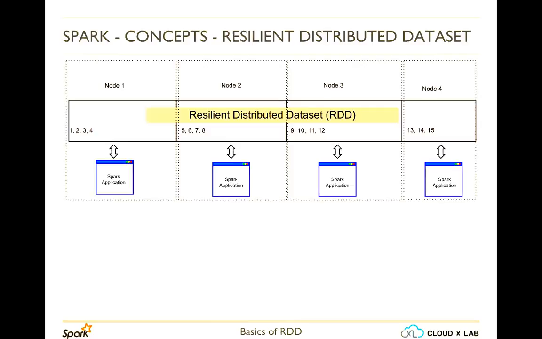Now, the question is, what will be running inside this? Here, our application, our logic will be running. The program we write will be taken to all the machines, and each machine will process one partition at a time. You can visualize it like this. So RDD is essentially making distributed computing possible.